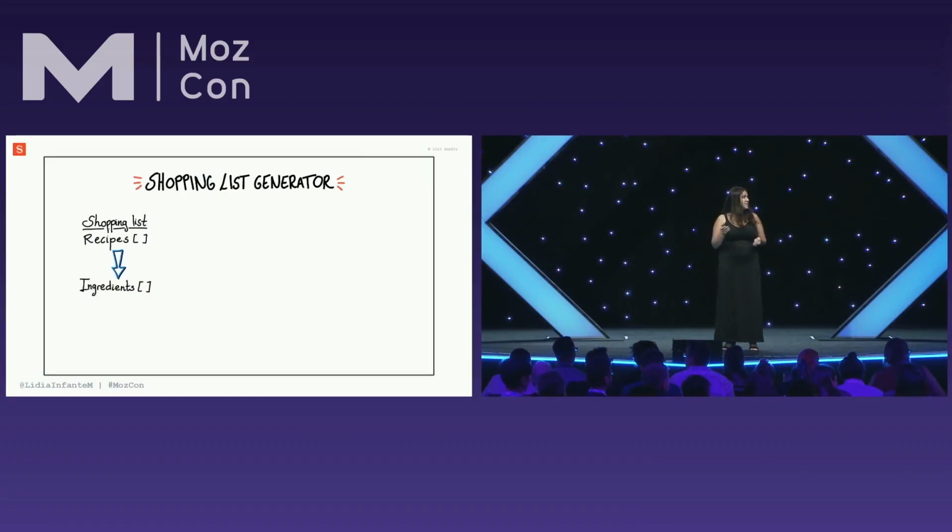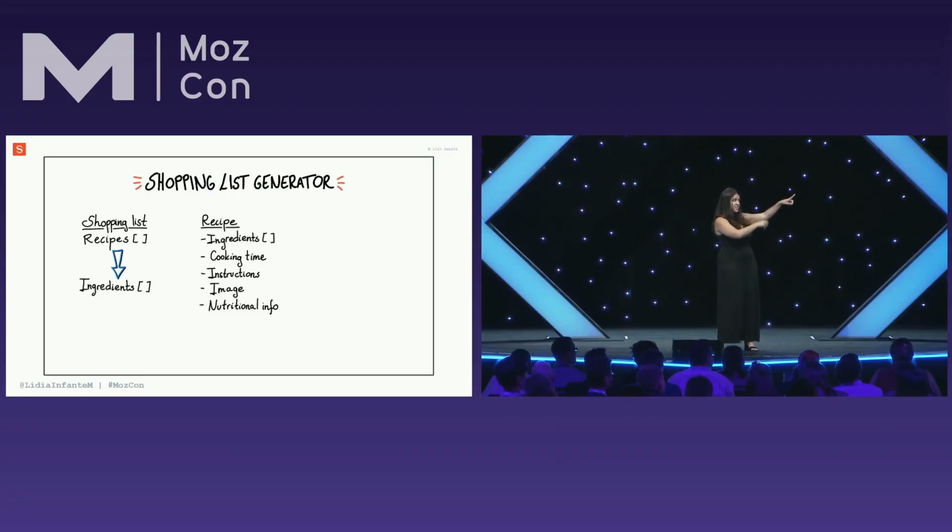So what he wants is a list of what to buy, a list of ingredients, based on a list of recipes that we are going to make. We have one content type, shopping list, and this content type includes recipes, and it includes recipes which then bring in ingredients. Hopefully this is going to make sense. A recipe has a collection of ingredients. The symbol at the end of ingredients means collection of.